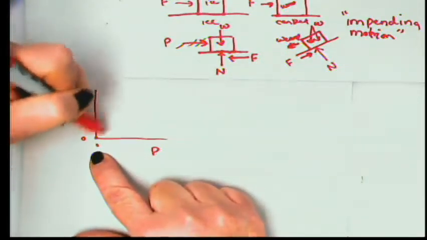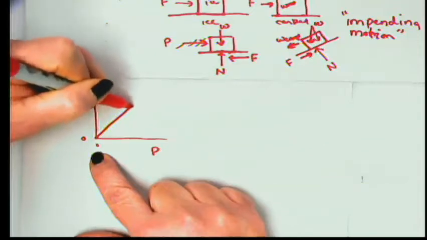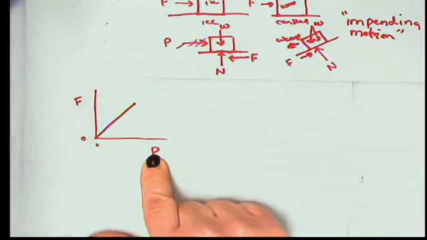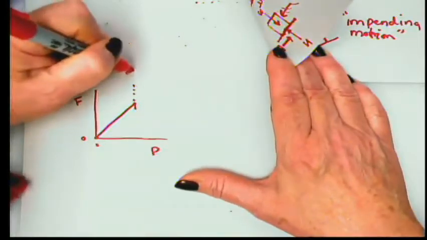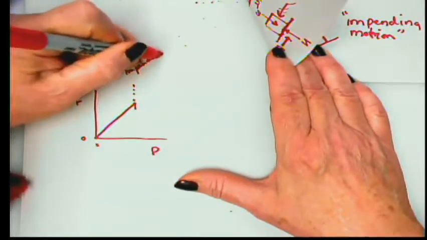But up to the point of impending motion, as we increase P, F increases at the same rate, to the same number, until there is impending motion. In other words, we are just on the verge of moving it.